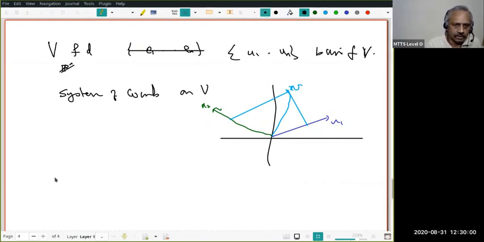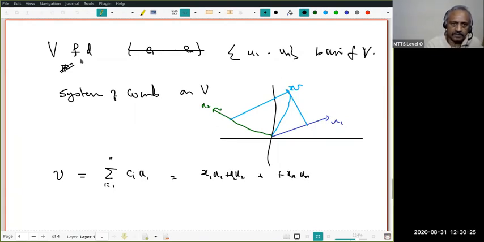So, given a vector V, we know that I can write it as a linear combination of these basis vectors Ui, i equal to 1 to n. Since I want to say it's a system of coordinates, I can write it as x1 u1 plus x2 u2 plus xn un.